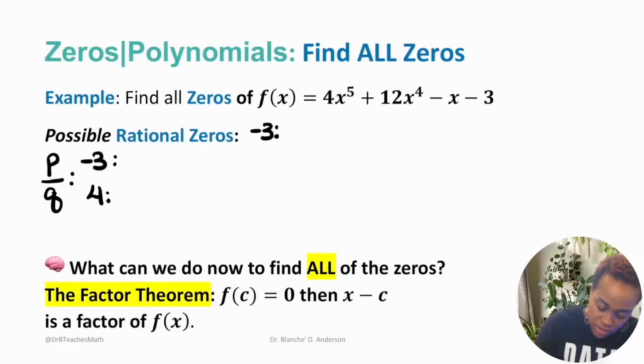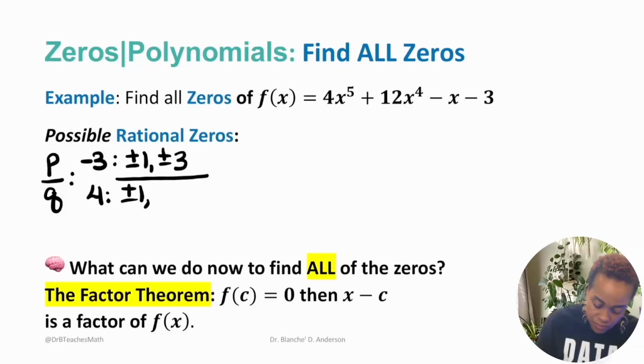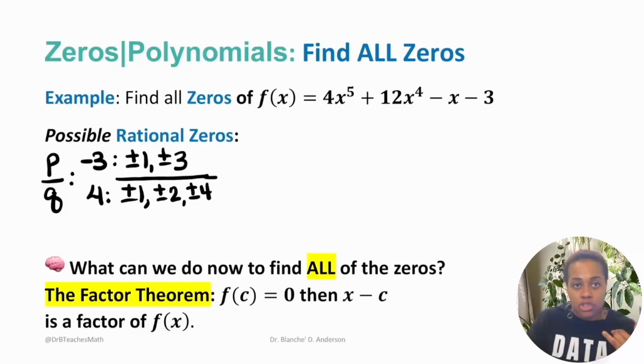So what are the factors of -3? Well, the factors of -3 are ±1 and ±3, right? What are the factors of 4? ±1, ±2, and ±4. Well, you're like, Dr. B, how did you come up with that? Because 2 times 2 is 4. 1 times 4 is 4.